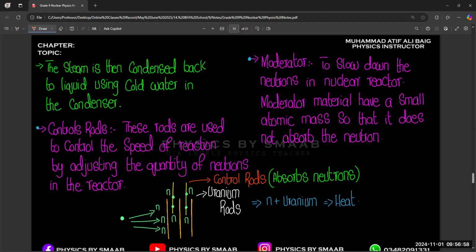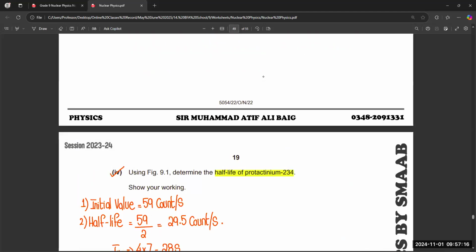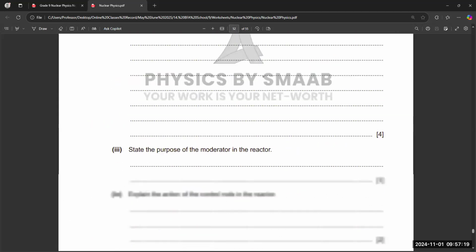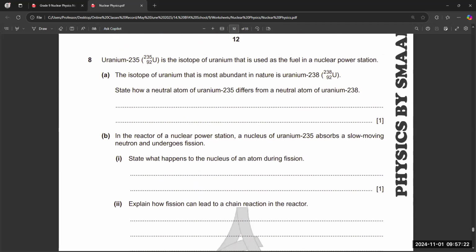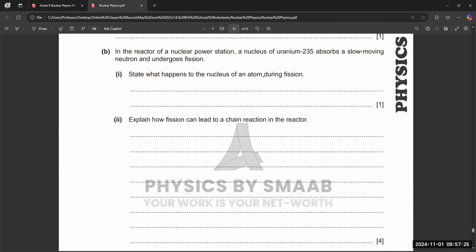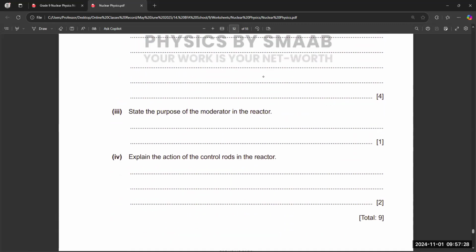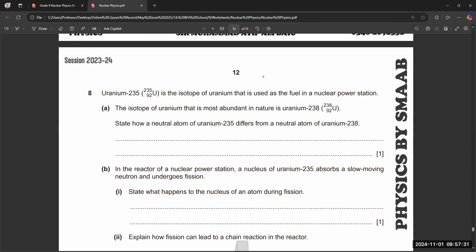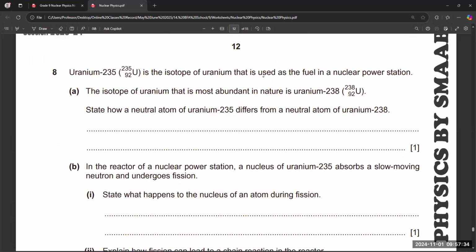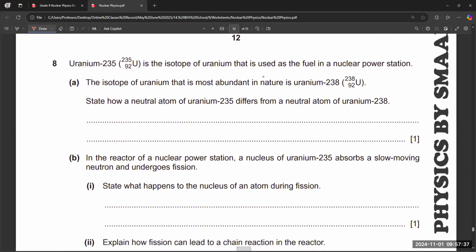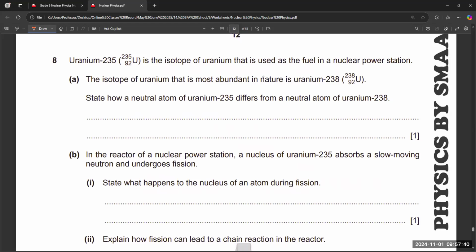The questions related to nuclear reactors: you will get mixed parts of nuclear reactor questions in the questions of nuclear physics.